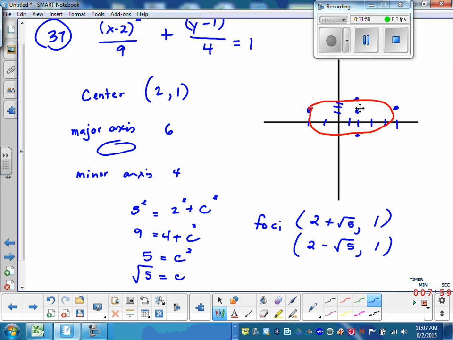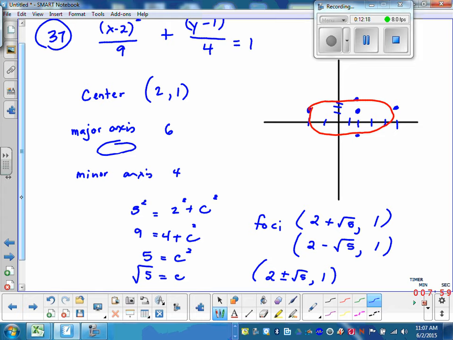Because again, I started with the center, and I went right the square root of 5, and I went left the square root of 5. So frequently you will see the focus points written like this: 2 plus or minus the square root of 5 and 1. So what you have to think about is which ordered pair is going to change. Okay? That's what you have to think about.